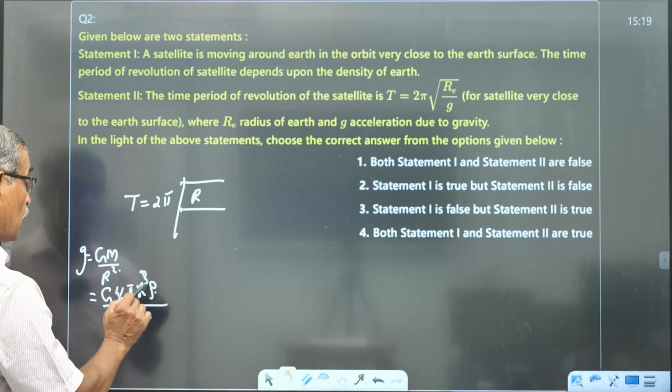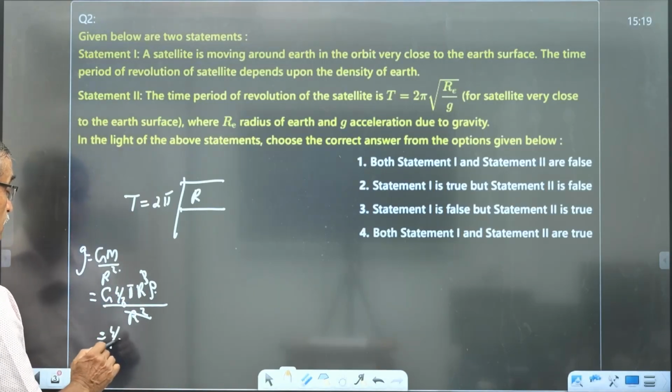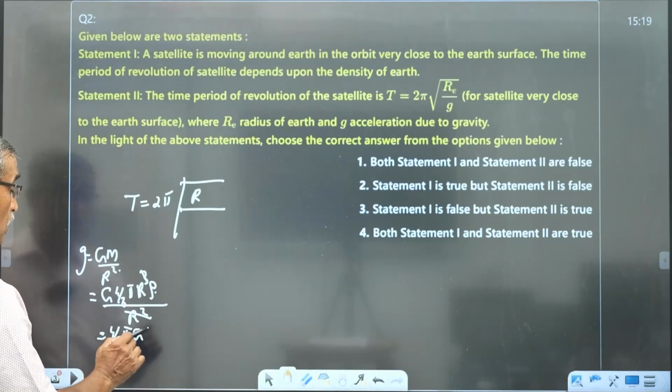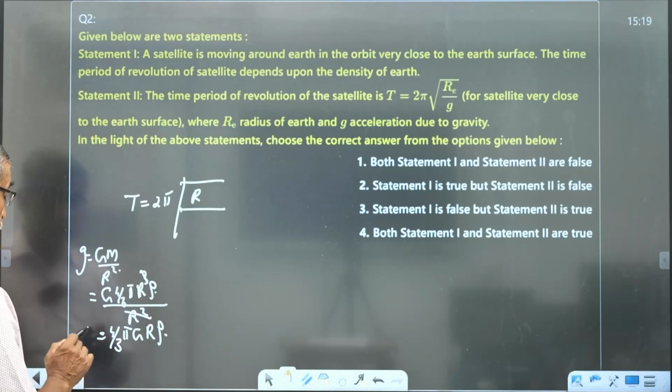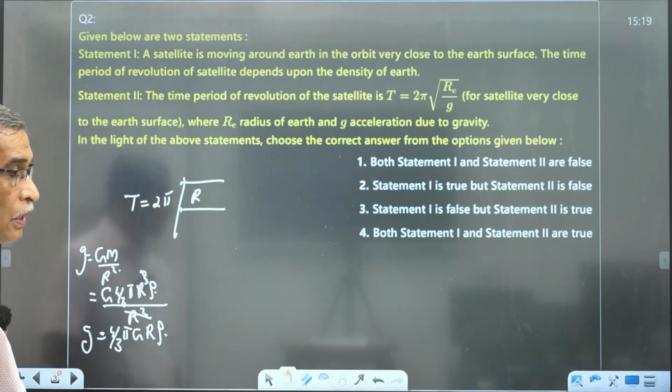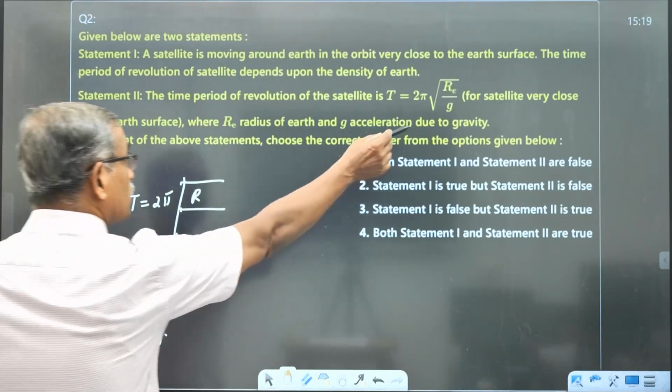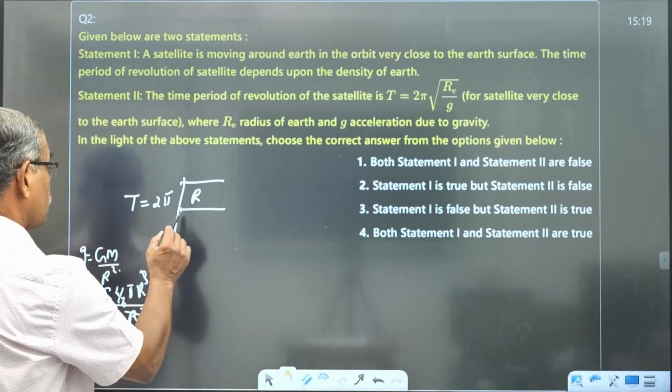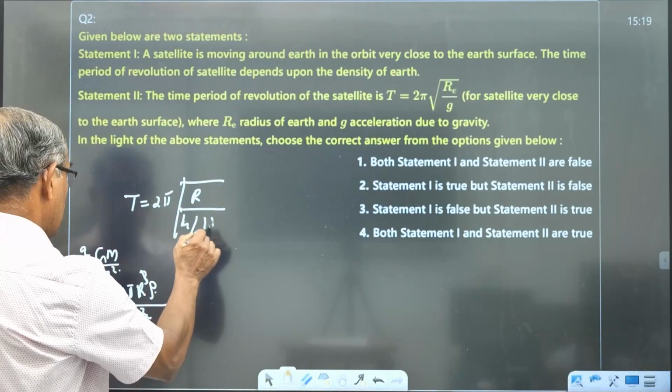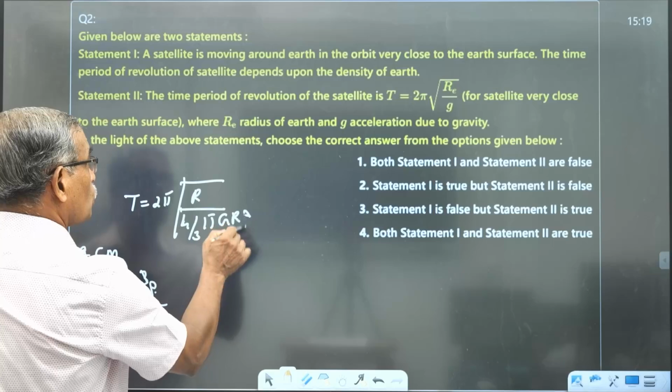So this will cancel out, and g equals 4 by 3 pi G R rho. Now instead of this g in our equation, substitute this value, 4 by 3 pi G R rho.